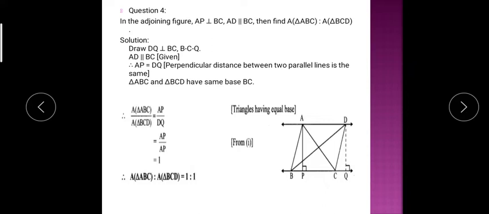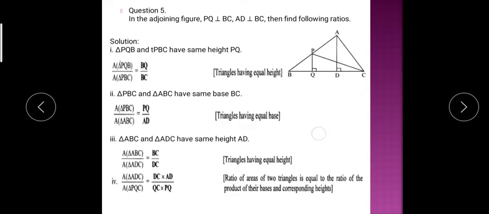Understood? The base is the same in both triangles, and the height is also equal because the perpendicular distance between the two parallel sides is the same, and therefore the ratio is 1:1.